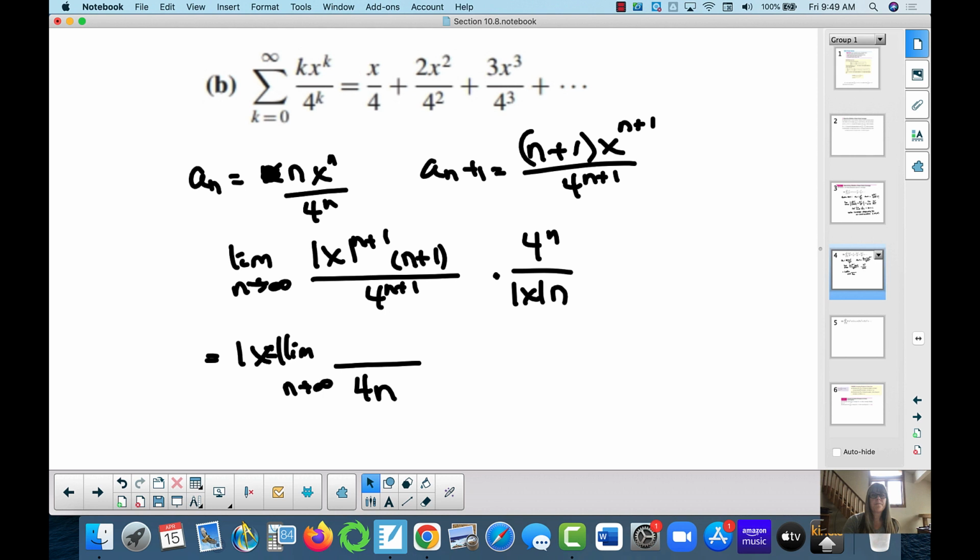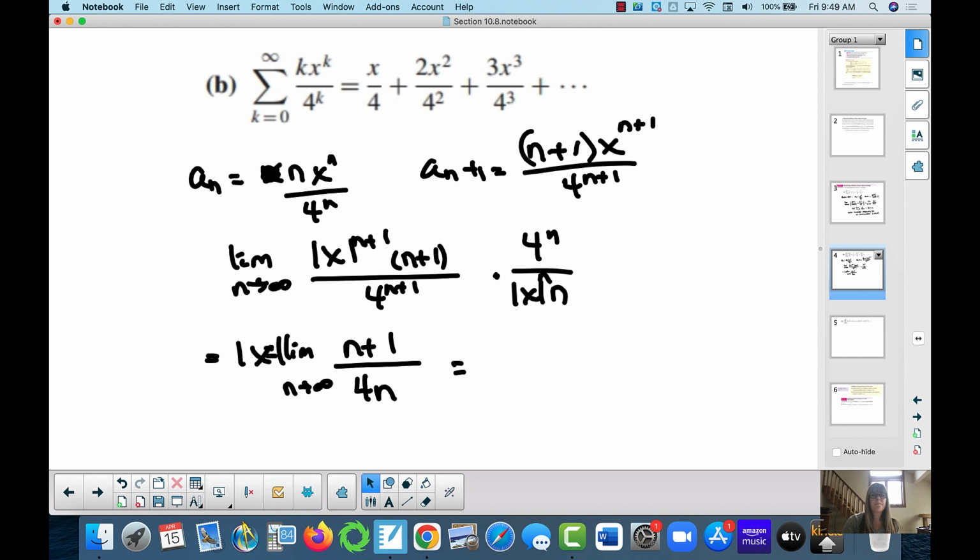Because again, absolute value of x to the n plus 1 over absolute value of x to the n is just absolute value of x. So I can pull that out. And on top here, I have n plus 1. So that limit is going to be 1/4.